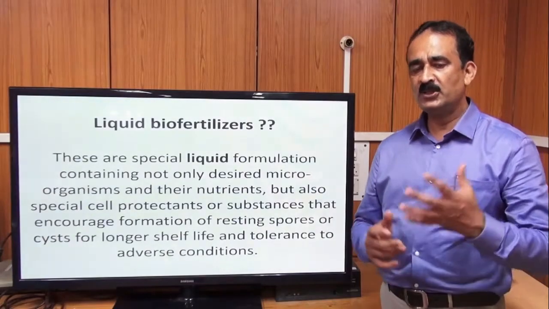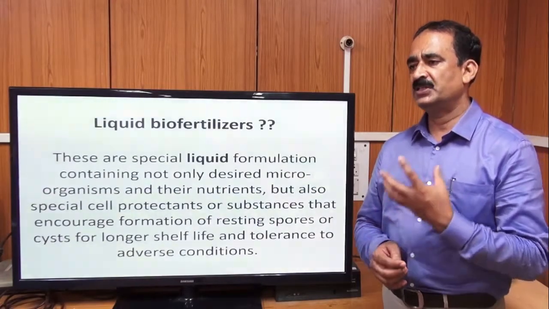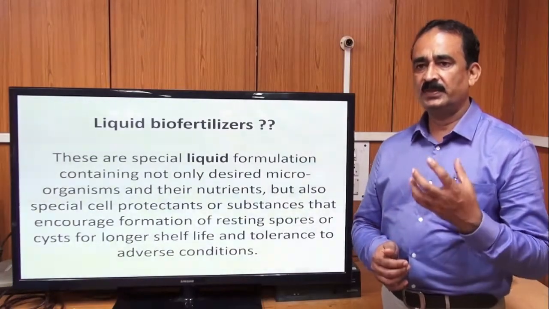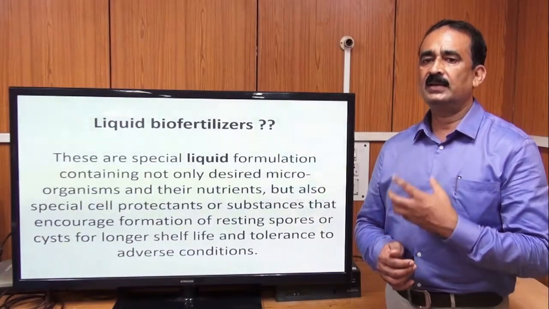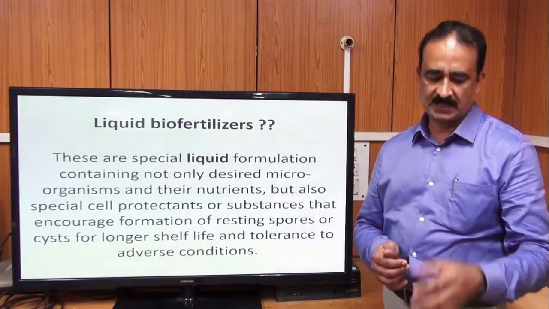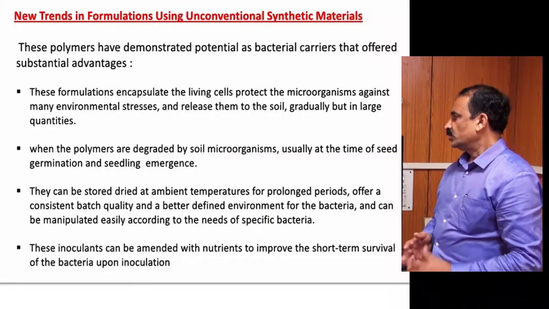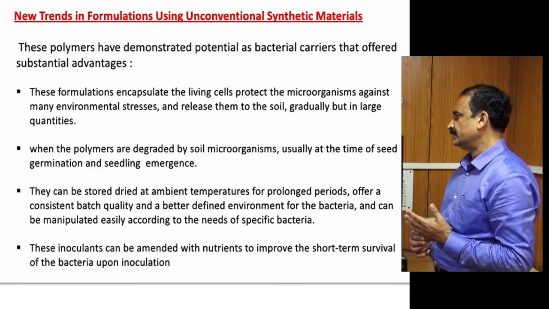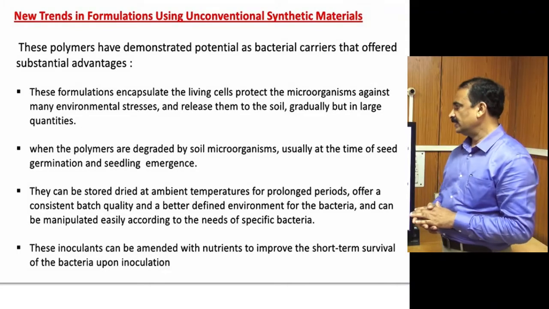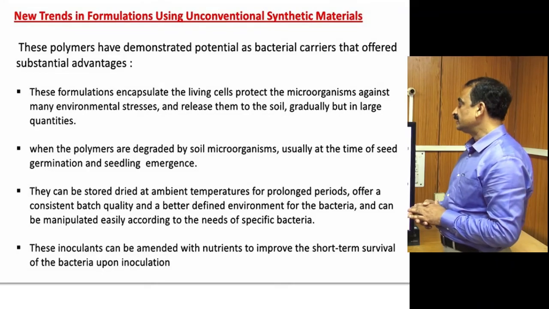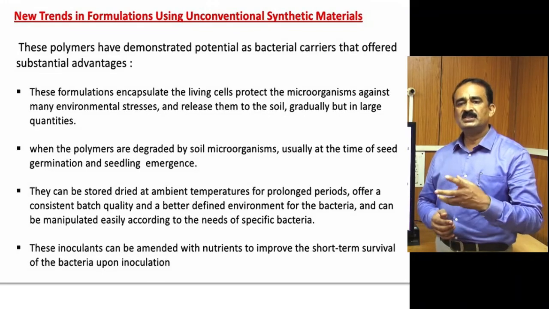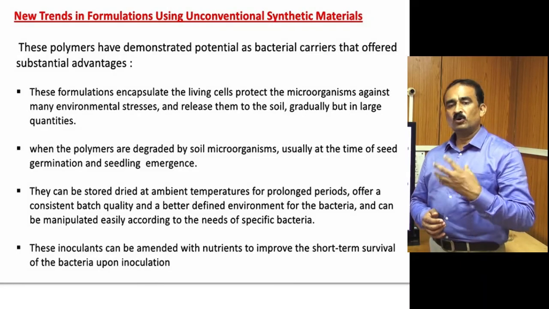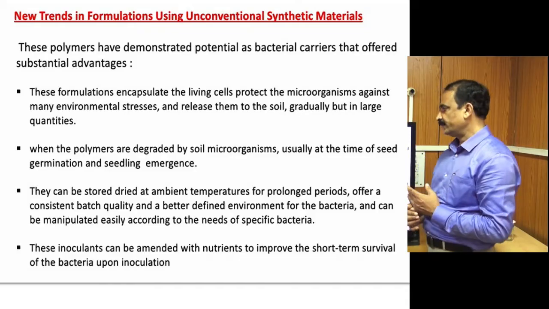As you know, in the rhizosphere there are too many factors affecting the microbial population of the native rhizobia and other Rhizobium, Azotobacter, Azospirillum, etc. So what are these nutrients and how to formulate this liquid biofertilizer using unconventional synthetic materials like artificial food that is useful for the microbial cells.